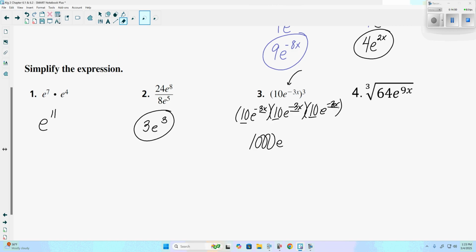Multiplying like bases 3 times, so we're going to add all the exponents together. Negative 3x plus negative 3x is negative 6x, plus negative 3x is still negative 9x. So we still get to the same spot. It just takes a few more steps.